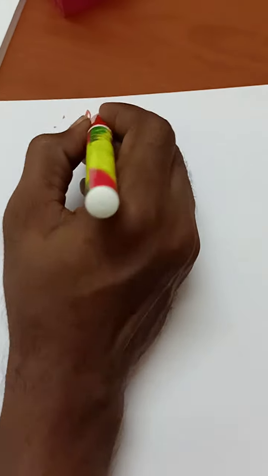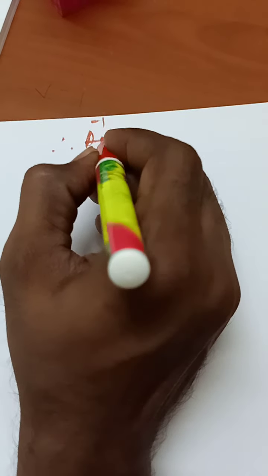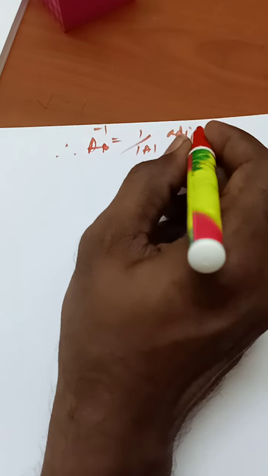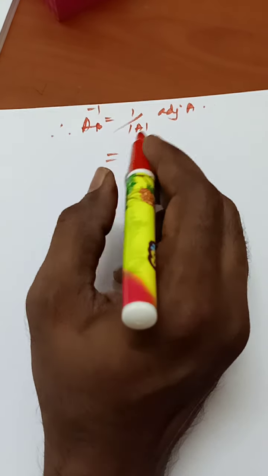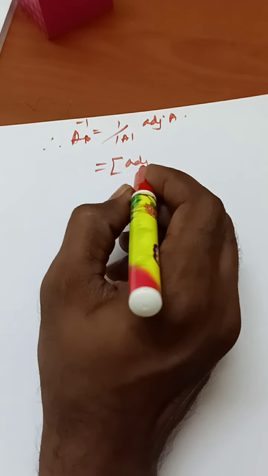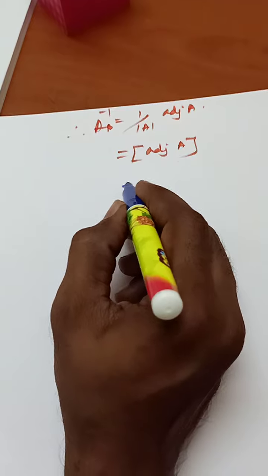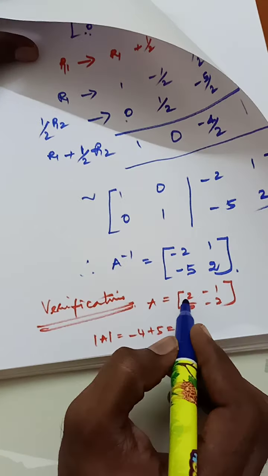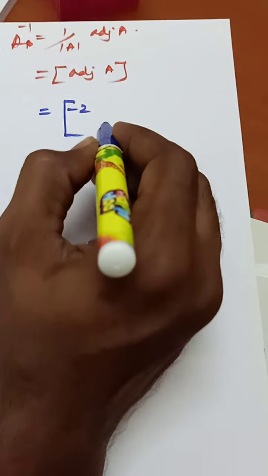Therefore A inverse equals 1 by determinant of A into adjoint of A. Our determinant is 1, so A inverse is nothing but adjoint of A. What is your adjoint of A? Interchange the diagonal elements 2 and minus 2, they become minus 2 and plus 2.